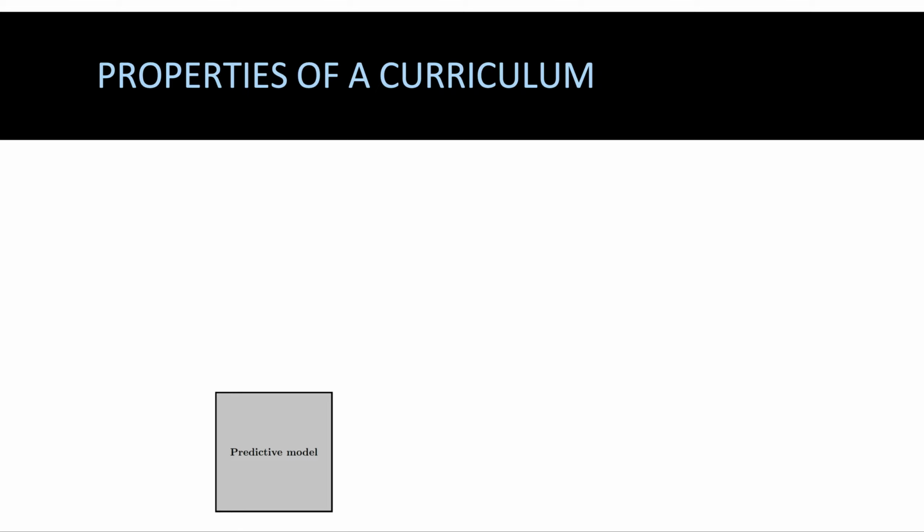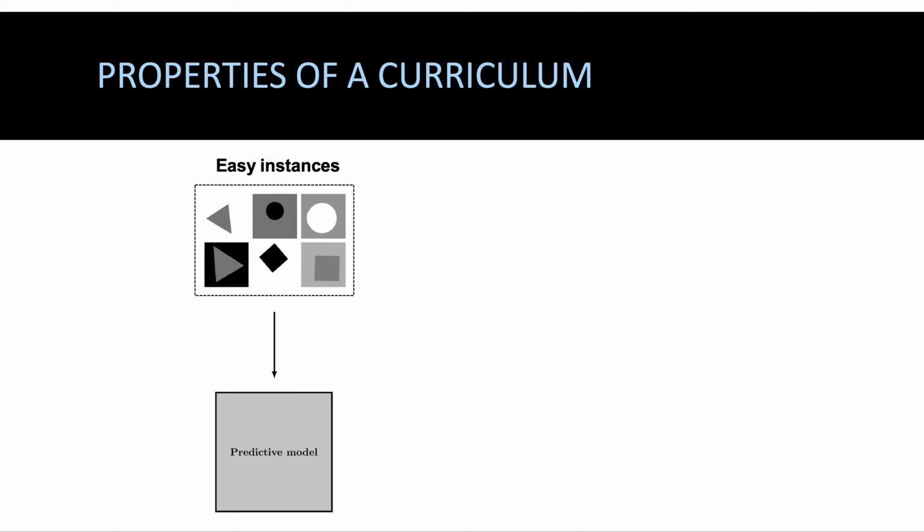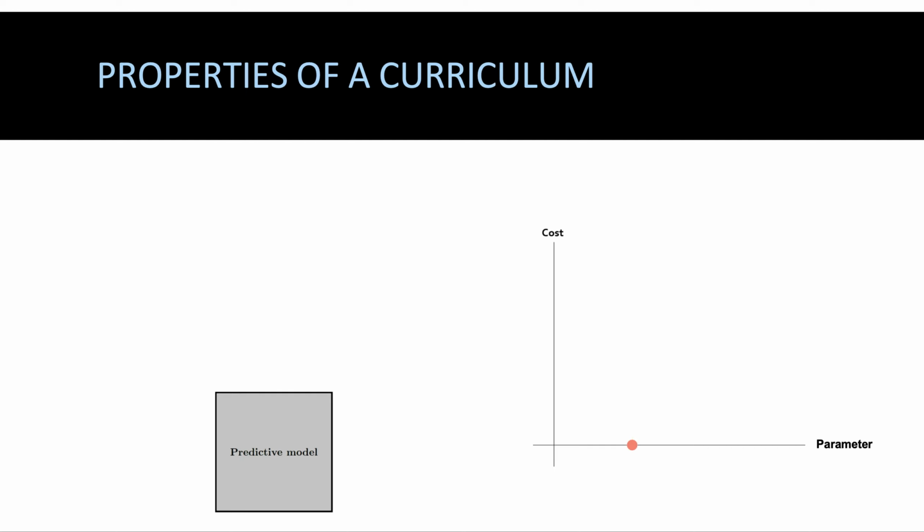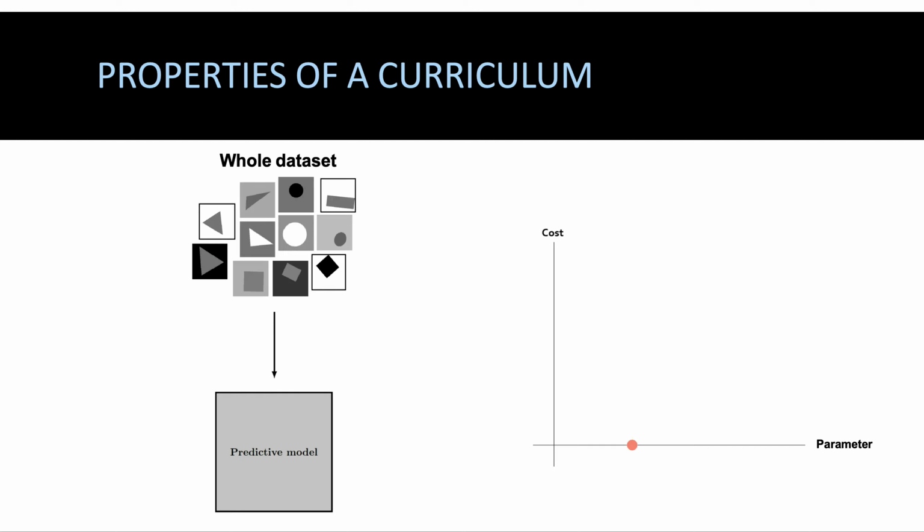In the curriculum learning-based scheme, we start off by only providing easy instances to the predictive model. As mentioned before, it turns out that in many cases, this results in a smoothed version of the cost function from before. By training the model on these easy instances, we can easily find the global minimum of the smoothed cost function, indicated by the red point. This global minimum can now be used as the new starting point when we fit the model to the whole dataset containing harder instances.